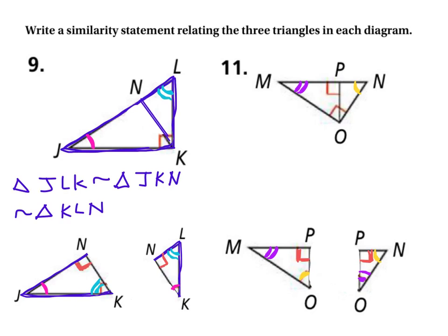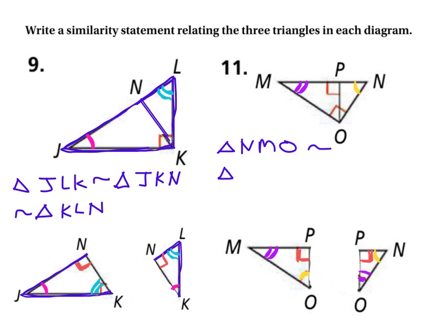We can look at the big triangle and say 1 mark yellow to 2 marks purple to the right angle would be triangle, let's see, 1 mark N, 2 marks M, right angle O is similar to triangle, let's do the one on the bottom left, this one right here.